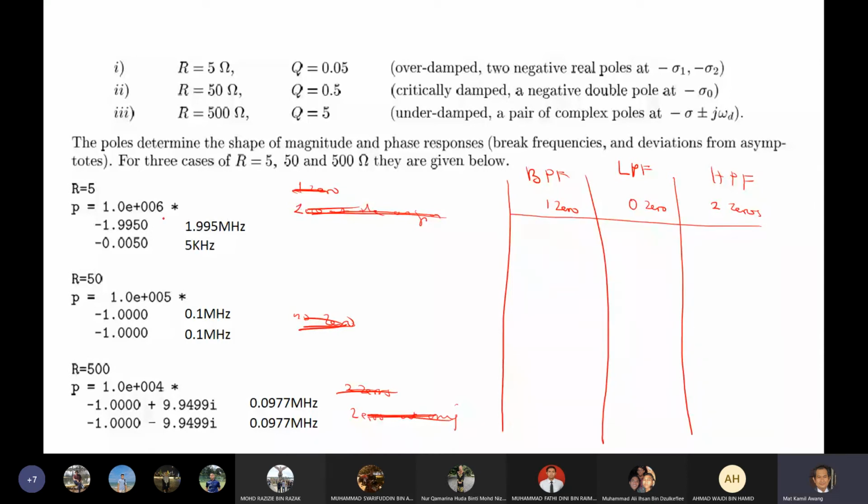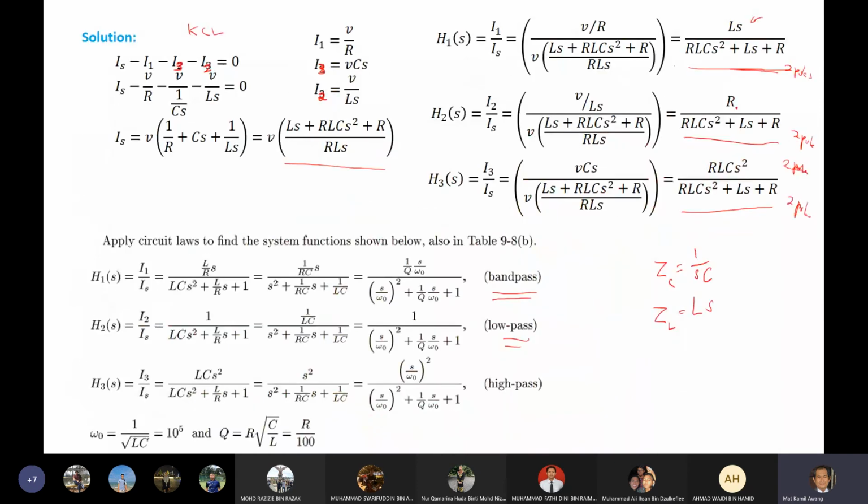So this is the pole for R equal to 5. You calculate, so you get about 1.995 megahertz, and another pole is at 5 kilohertz because you have 2 poles. Here, you have 2 poles for the band pass.